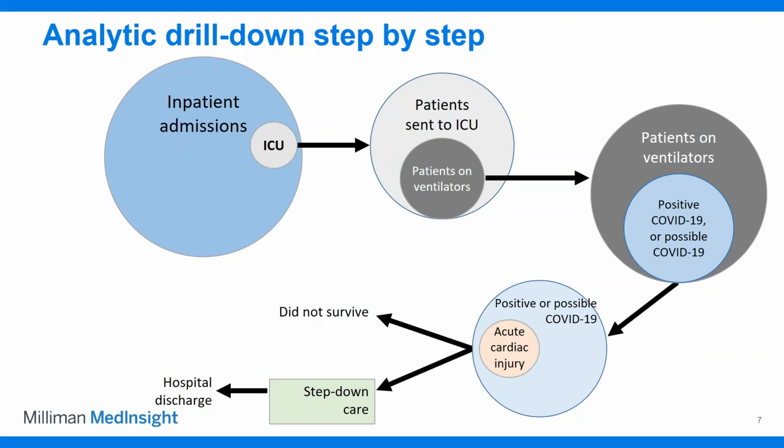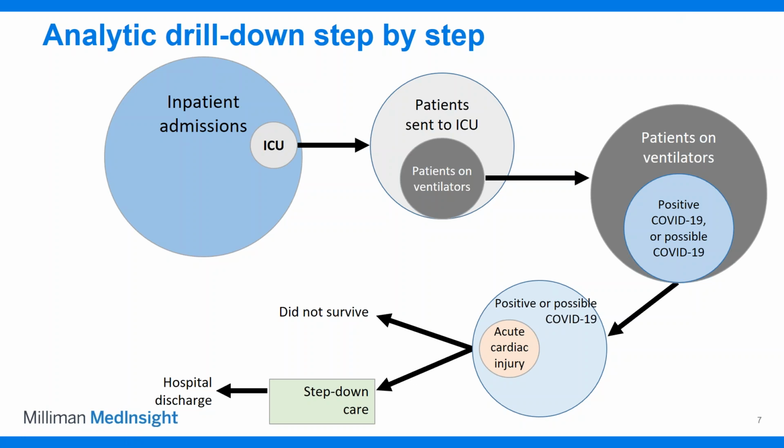If we then look in the middle there at the patients being sent to ICU, a subset will be on ventilators. Of these patients, we can look at the CDC guidance. Sorry, I have actually lost my visibility of my screen. Okay. I have to find a place to park all the rest of the meeting dialogue, Norm. Okay, that's better.